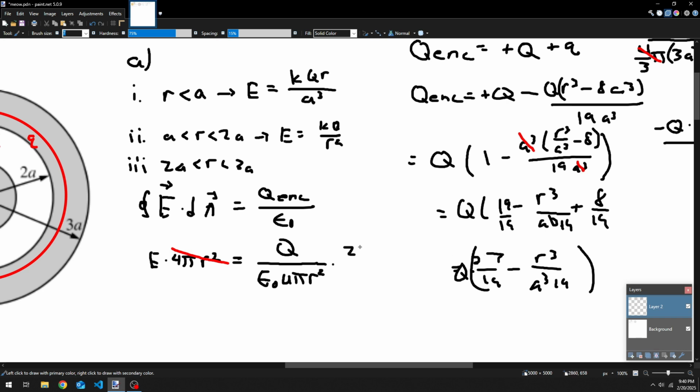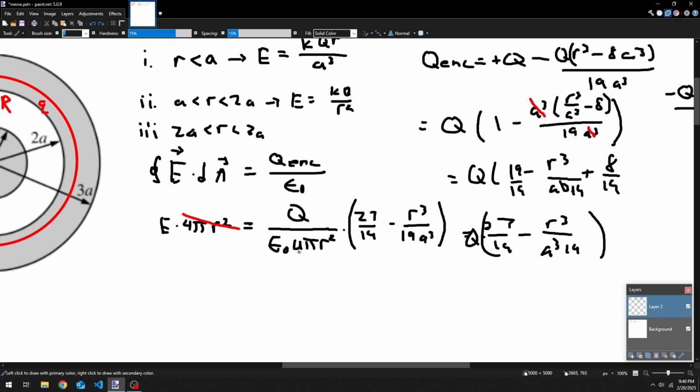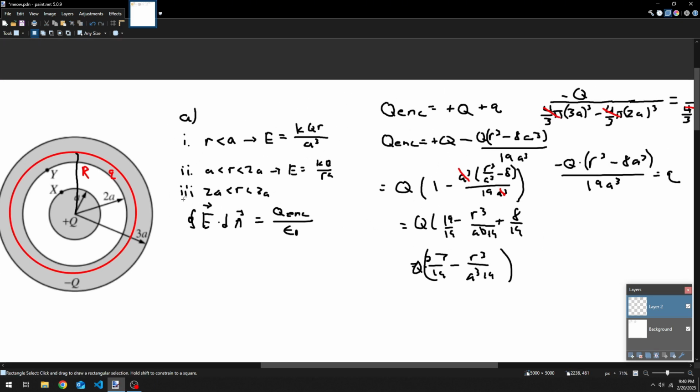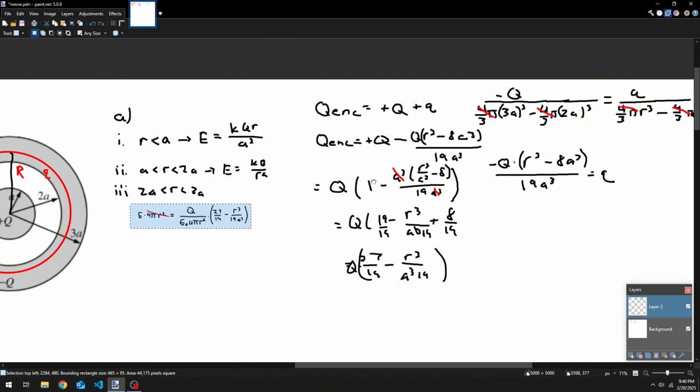So this is 27 over 19 minus r cubed over 19a cubed, and this can be written as k, but I'm not going to write all of that. This should suffice as a final answer, so I'm just going to do that.